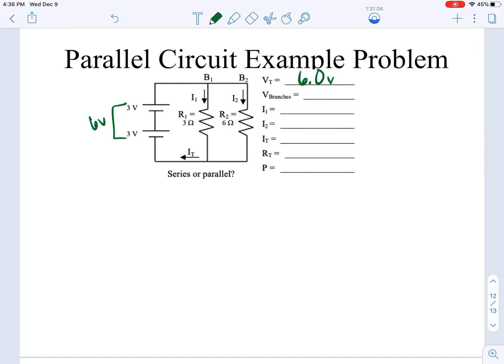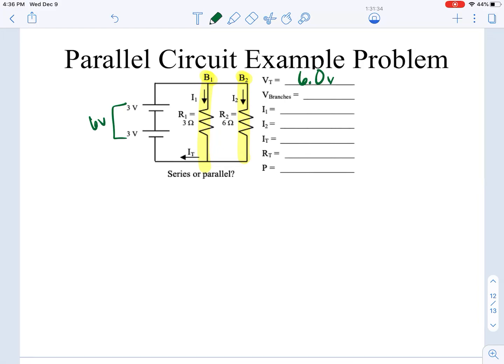Now, on this question, it says V branches, and sometimes that needs a little bit of a verbal explanation. What they are asking for in this particular question is, what is the voltage through each of the branches? You can see on the illustration, they have identified branch 1 and branch 2. So here is branch 1 and here is branch 2. I am going to choose to write this as two separate answers.